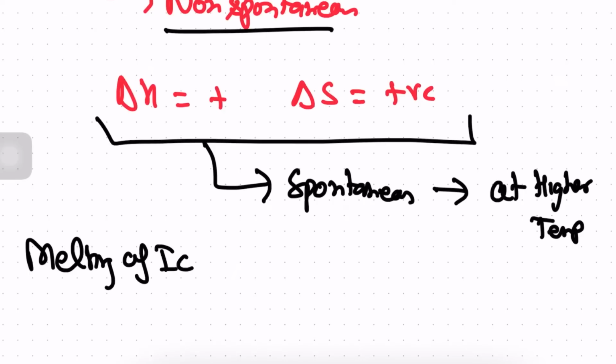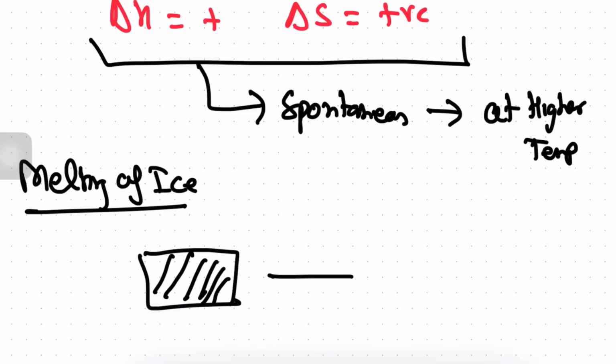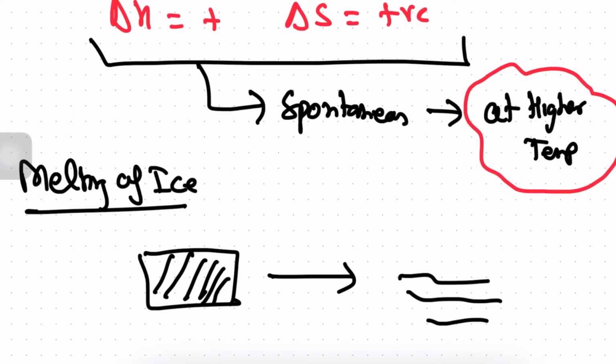If you have solid ice, it will melt into water. Entropy is going to increase and you are providing the heat. So delta H is positive, delta S is positive, and this melting of ice occurs spontaneously at higher temperature.